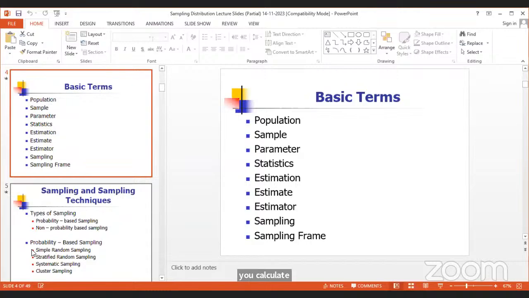So it's possible for me to say that the average lifespan of this bulb that has been imported is 2 years. So I'm being definite, arriving at a single figure. But it's also possible that I can say the average lifespan of this bulb is between 2 years and 5 years.